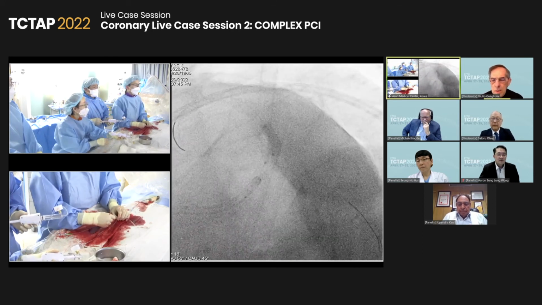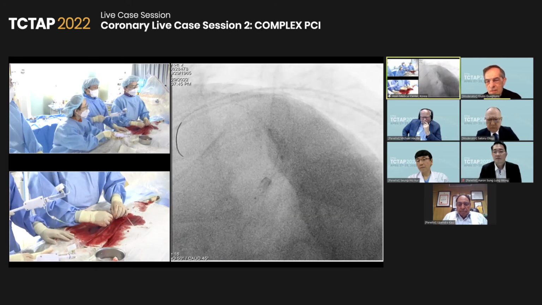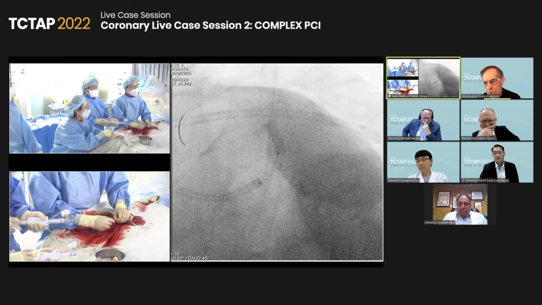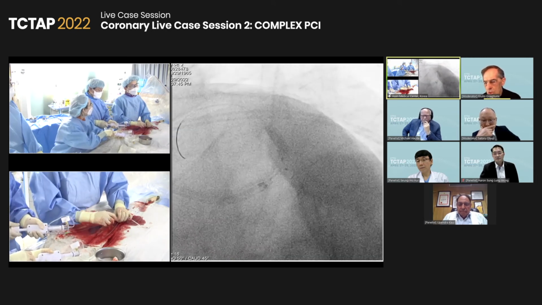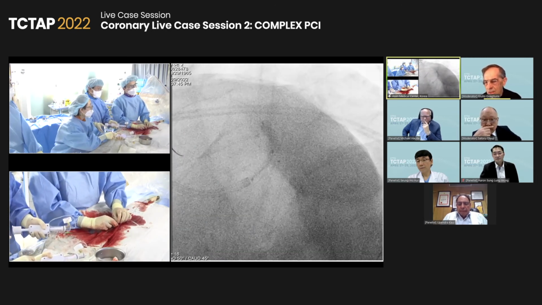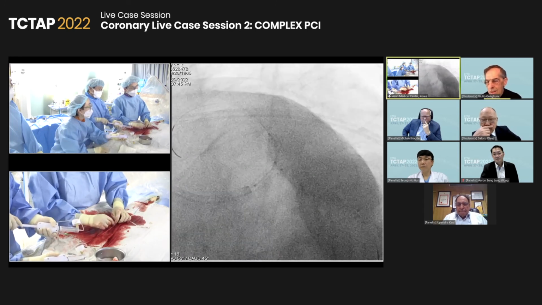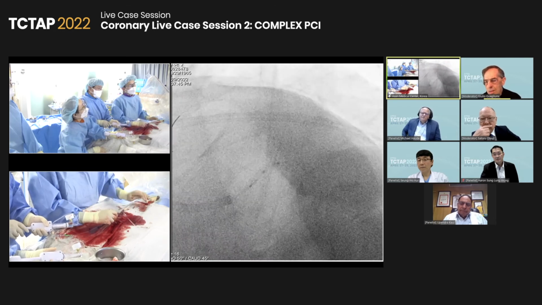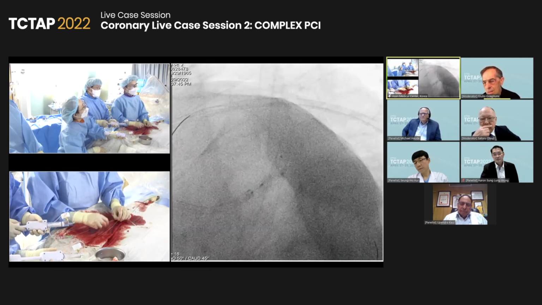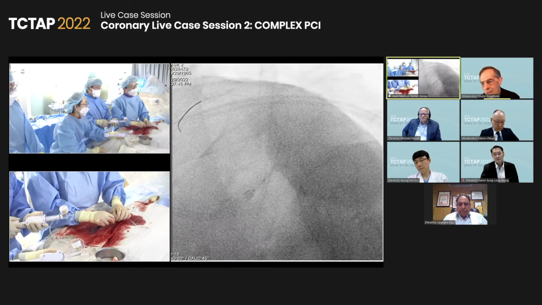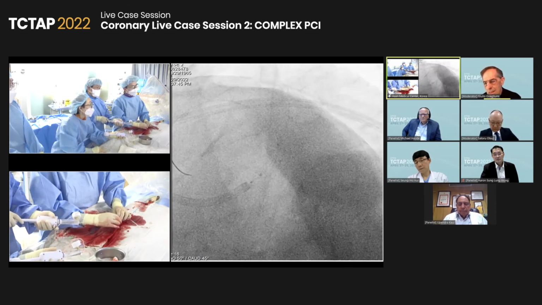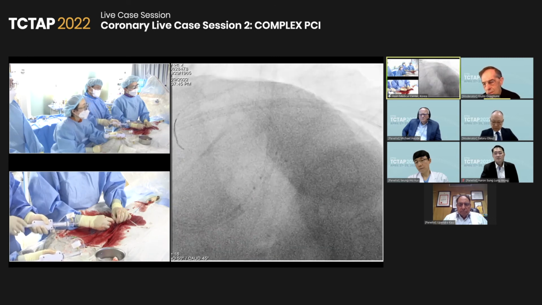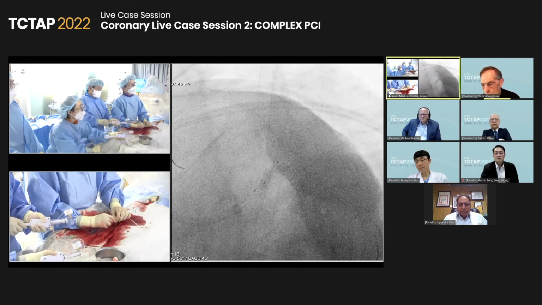Okay, one point is that in fact the angio showed this level of asymmetric expansion, but the IVUS was showing a completely satisfactory lumen area. So I think that in this case we needed to be based on the intracoronary imaging, and now they are crossing the ostium with a smaller balloon.